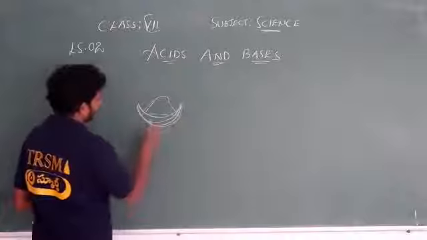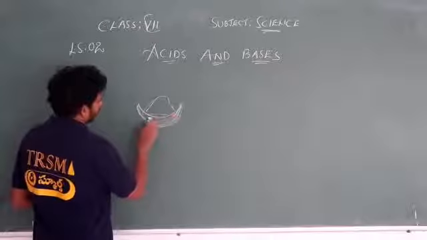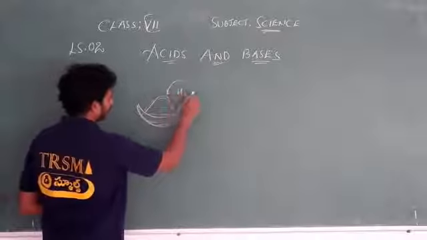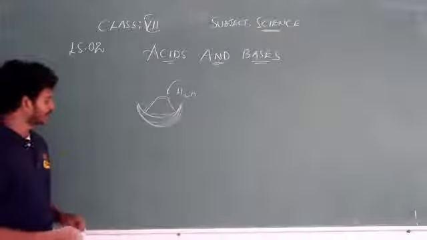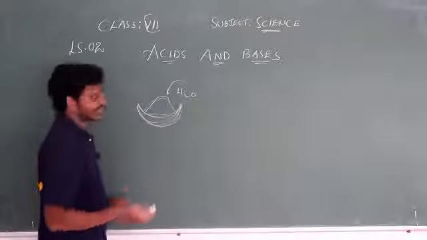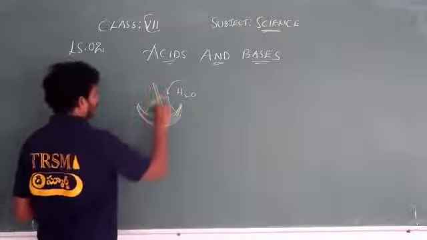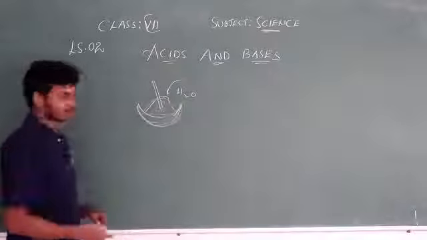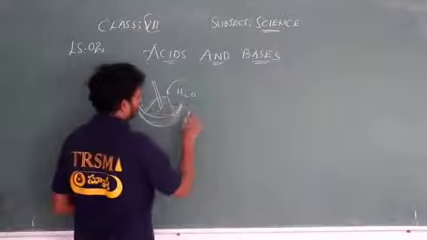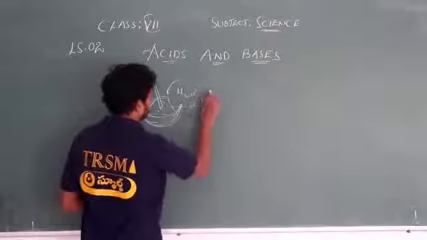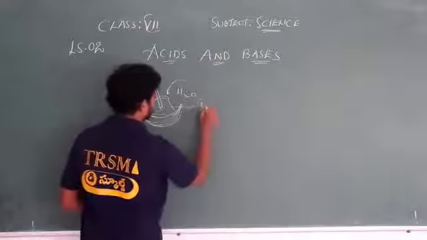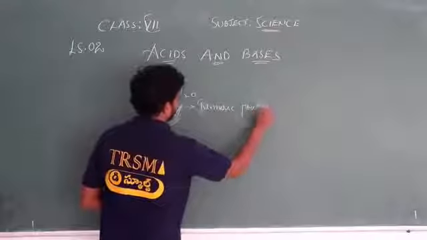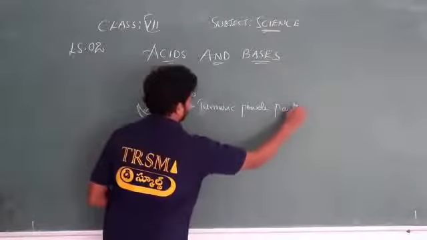This is the container I have taken, and inside it is turmeric powder. Add some water to it, and with the help of a stirrer or a glass rod, make a paste. Now this turmeric powder paste is available for us.